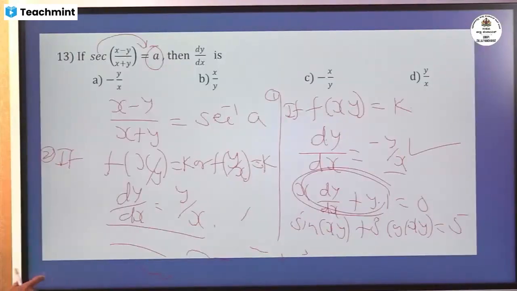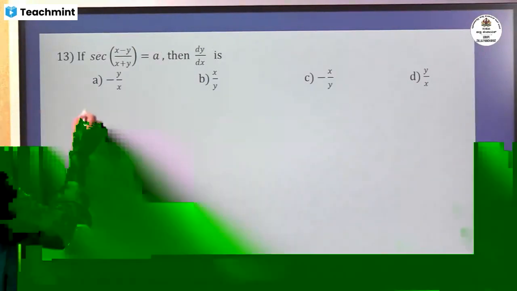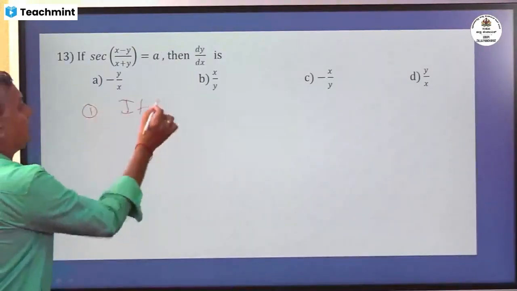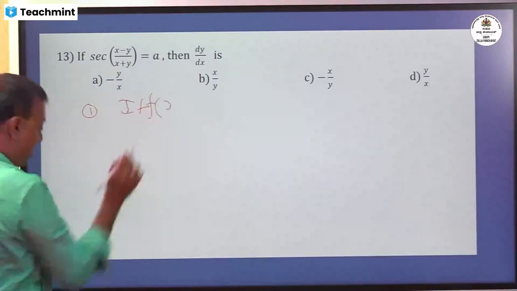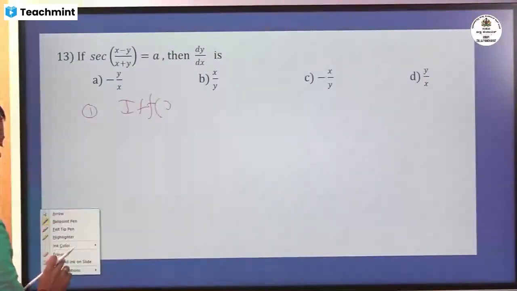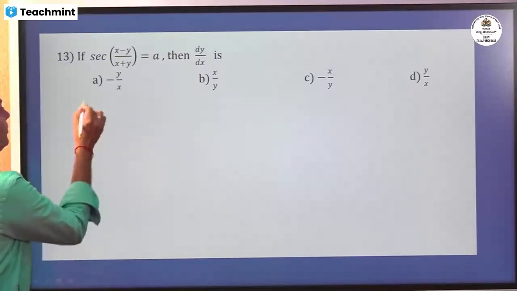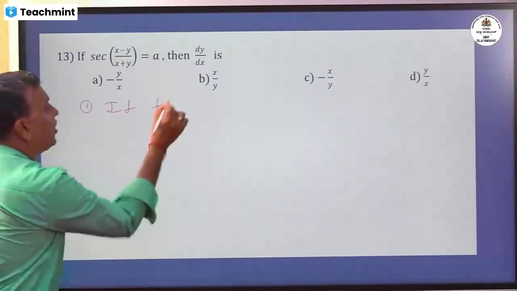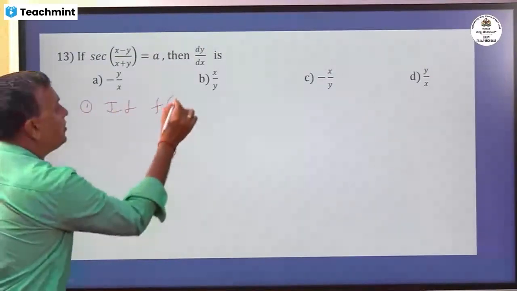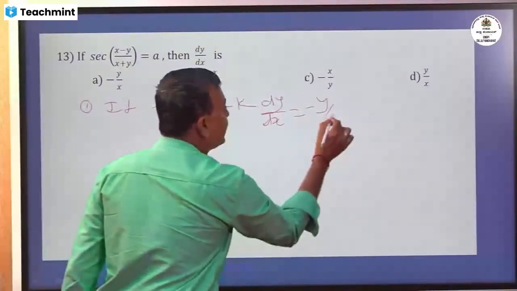So first one, if function in the form f of x into y is equal to k, dy by dx is equal to minus y by x.